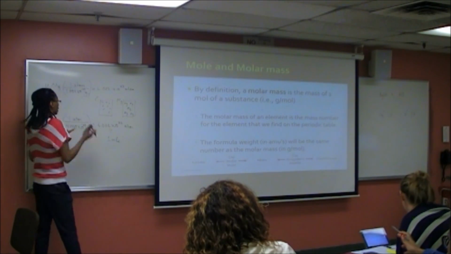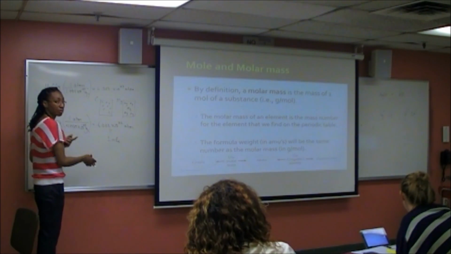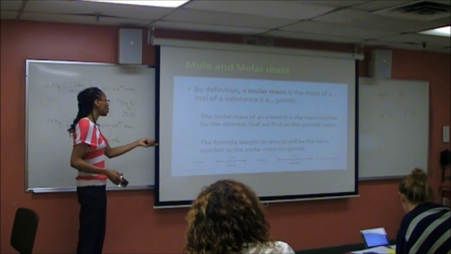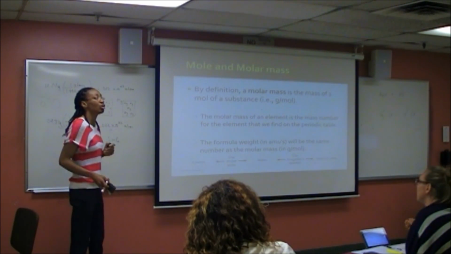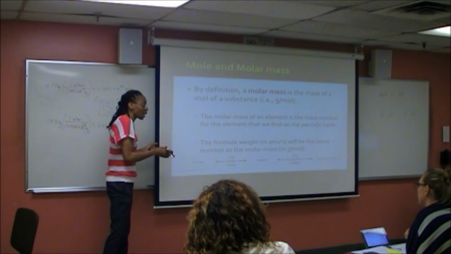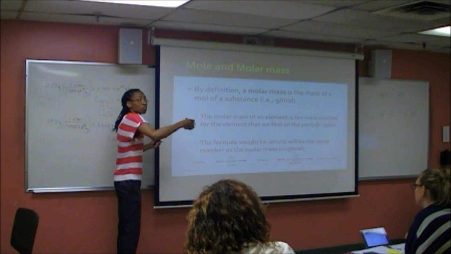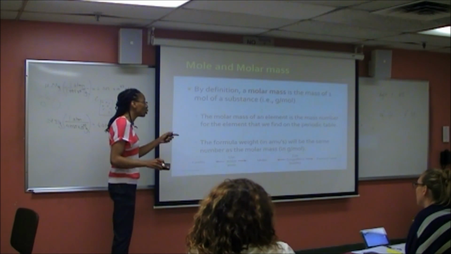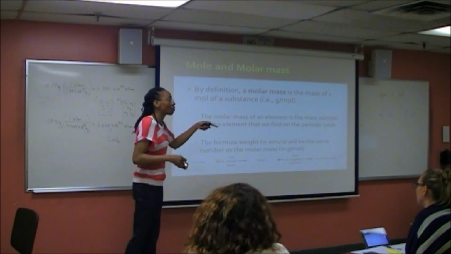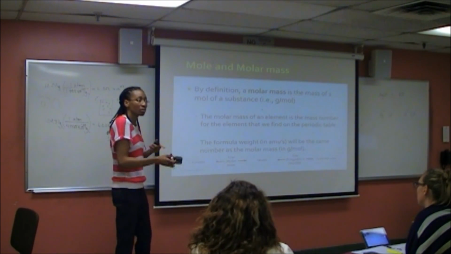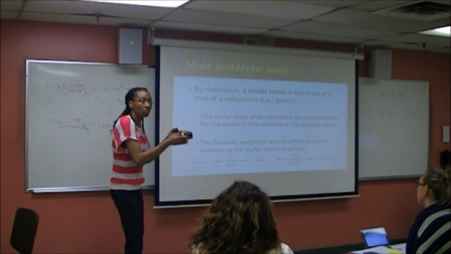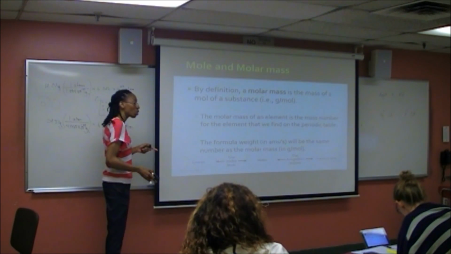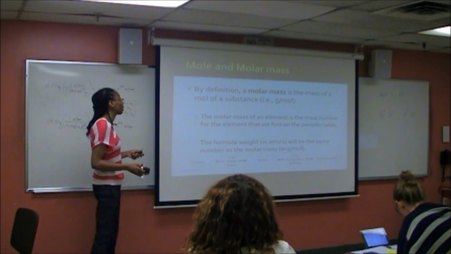These are all conversions. So what would be the units for your molar mass? Grams per mole. What would be the units for your Avogadro's number conversions? The first one is the conversion. They're all conversions.